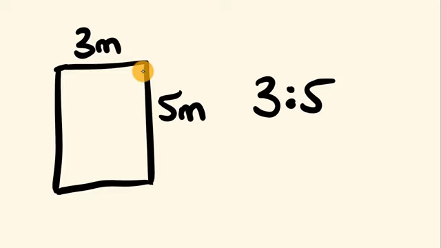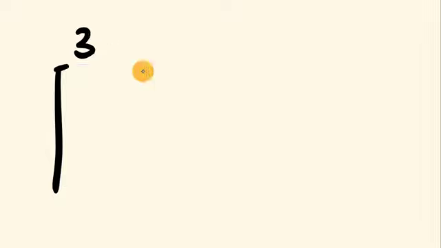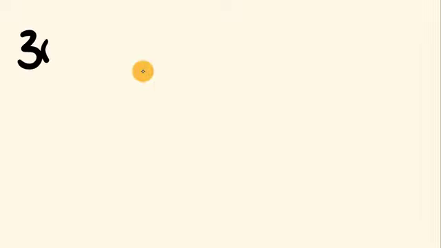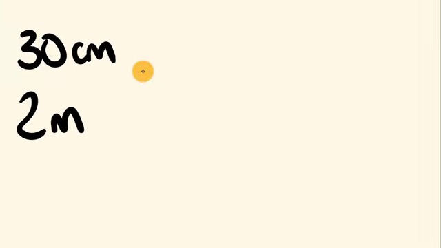However, what about if I change this where we don't actually have the same units used? Let me give you an example of that. So say, for example, we had a 30 centimeter side on one side and a 2 meter side on the other, and we're going to say what the ratio was here. You can see a bit of a problem because straight away we don't have the same units being used.